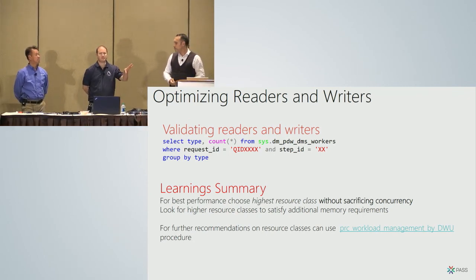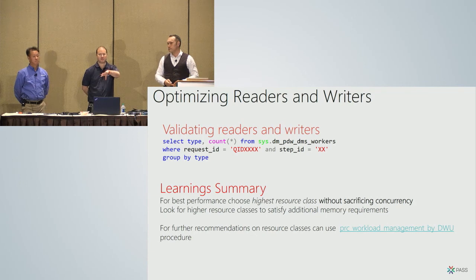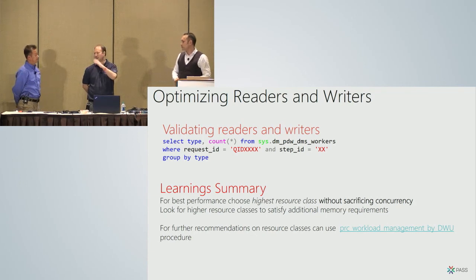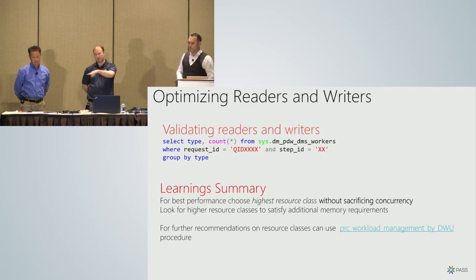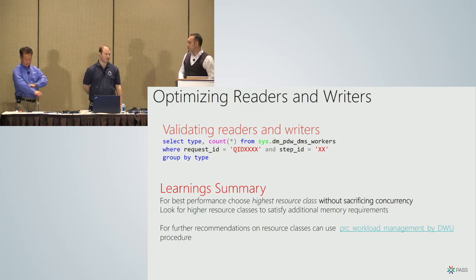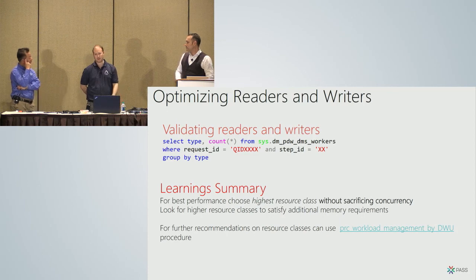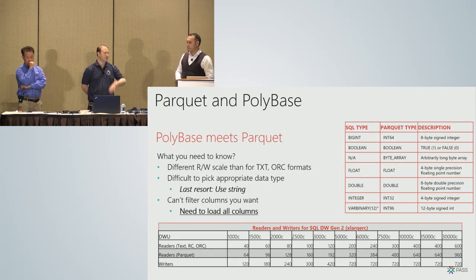Looking at the readers and writers is very important, as we showed with static 30, static 40, and so on. We also have some guidance. We point to a blog that the CAT team wrote that shows a number of the readers and writers, so you can validate it there. And this new update on workload management by DWU can also give you hints on the best resource class to run under.